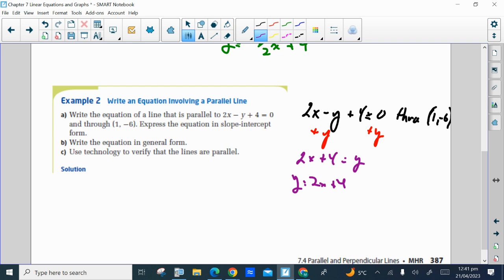Do we now know the slope of this line? What is it? Positive 2, that's right. So we want to write the equation of a line that has a slope of 2 and goes through the point 1 comma negative 6. That's what we want to do.